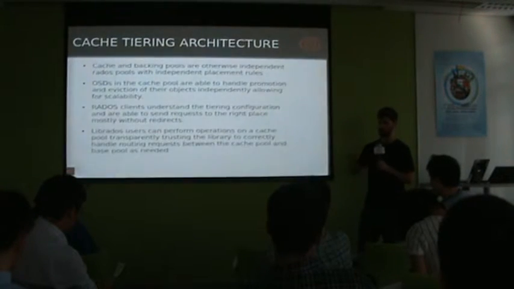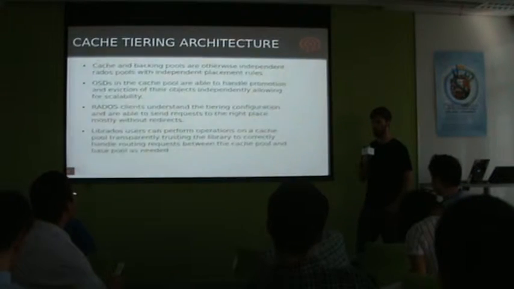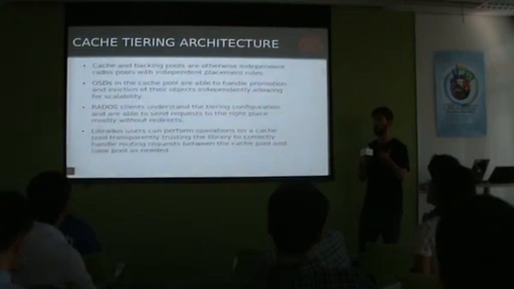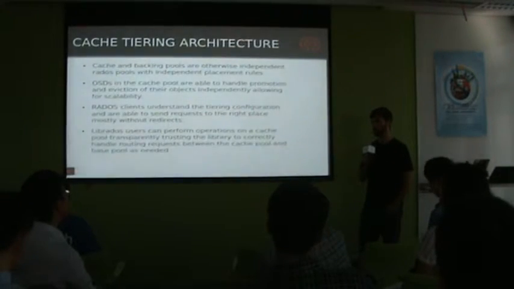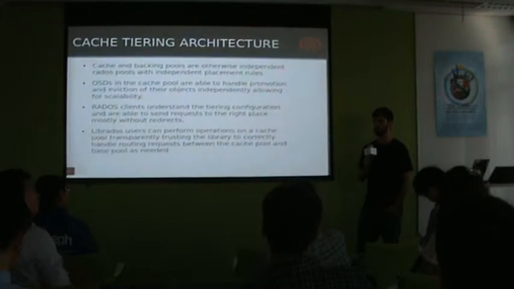Then those objects will be well distributed in the pool. So while it's true that you can't have a partial hit or a partial miss on a single object, you can have a partial hit or a partial miss on a whole RBD, because the RBD itself is broken into small RADOS objects. So it seems to me that if 4 megabytes is too big, then it would probably be solved by configuring RBD to use a smaller block size.